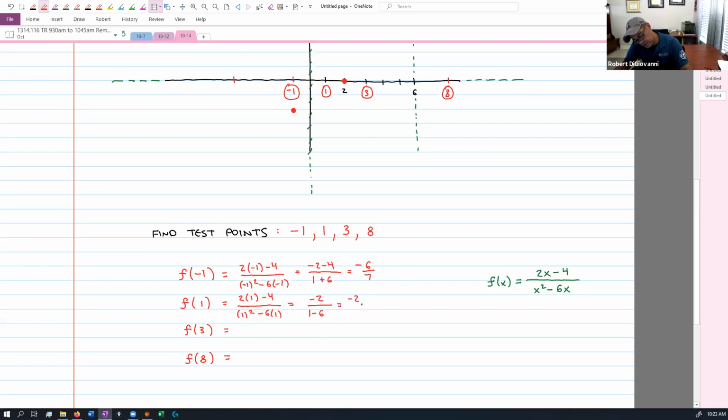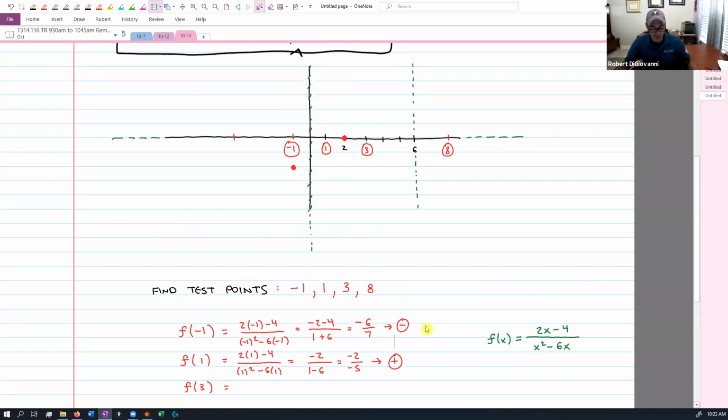So you get -2 over -5. And hey, everyone, I don't really care what it is, but it's a positive number, right? A negative divided by negative is positive. So what that means to me is when we go right 1, the graph should spit out a positive number. So I'm going to put a dot up here. Again, I don't care how tall it is. I don't care how high it is. I'm just going to put it up.